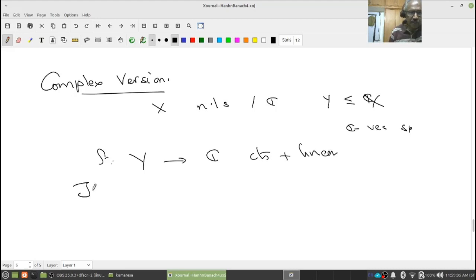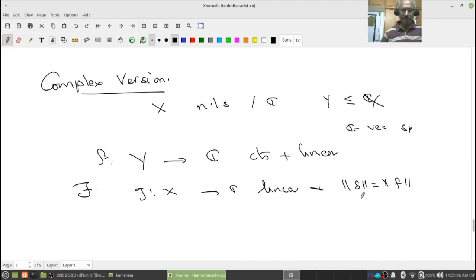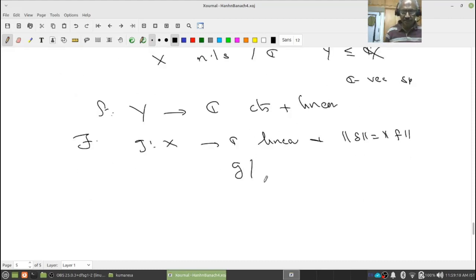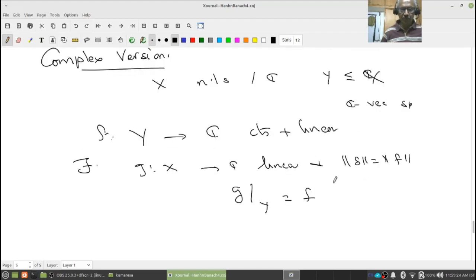Then we want to prove there exists G from X to C linear and norm of G equal to norm of F. In particular, G becomes continuous automatically, and G must be an extension of F. Okay, this is what we want to prove.